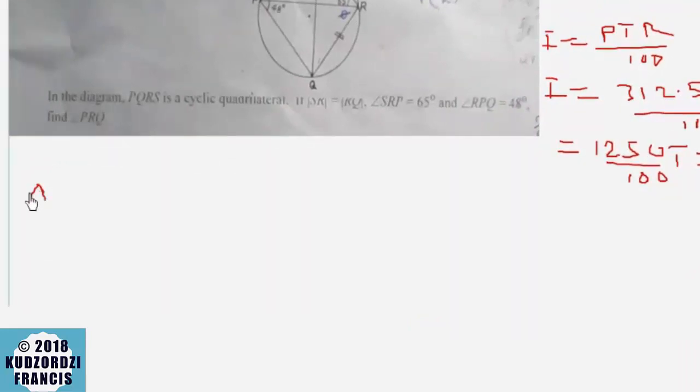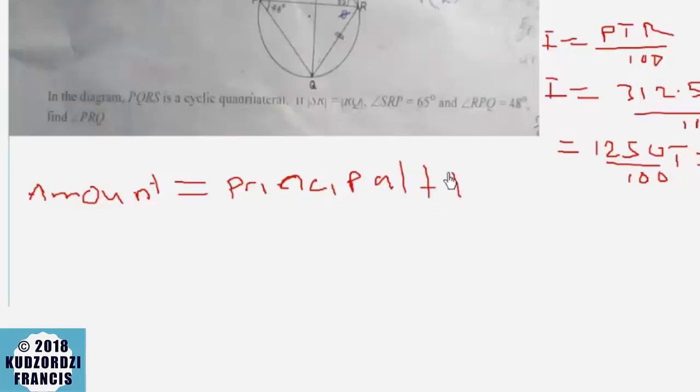Now we know the amount is equal to the principal plus the interest. That's the simple interest. So the amount was 500.